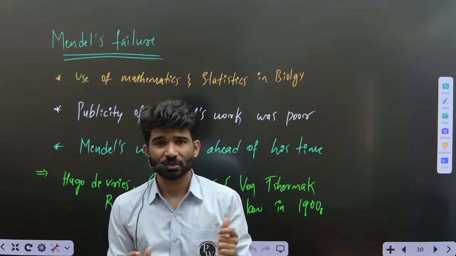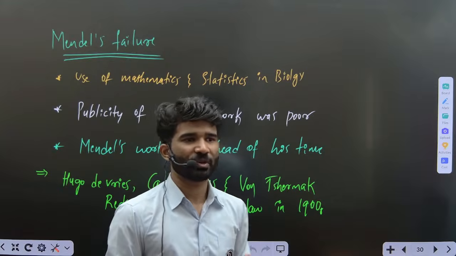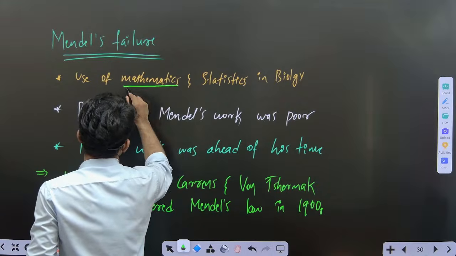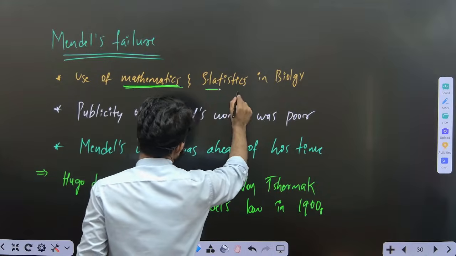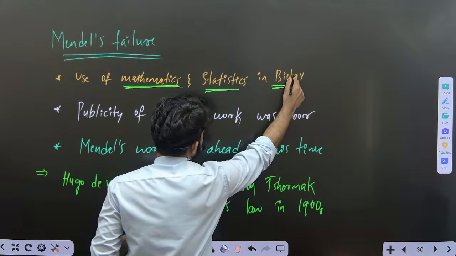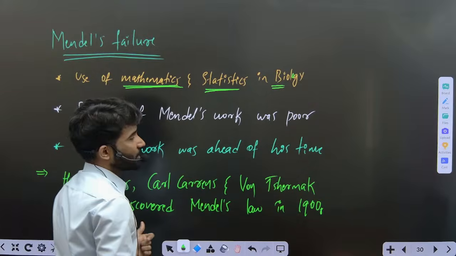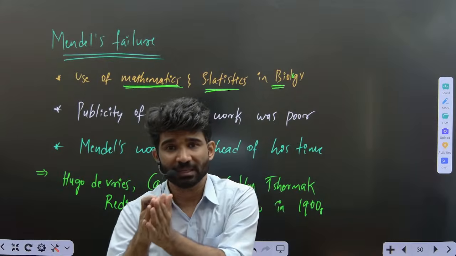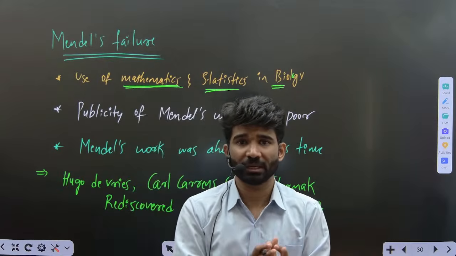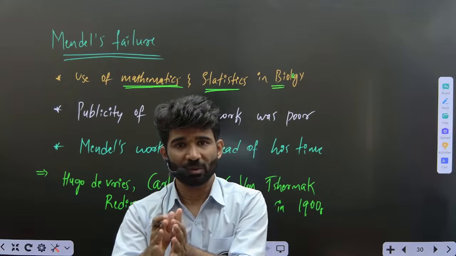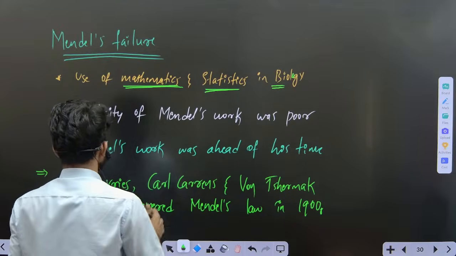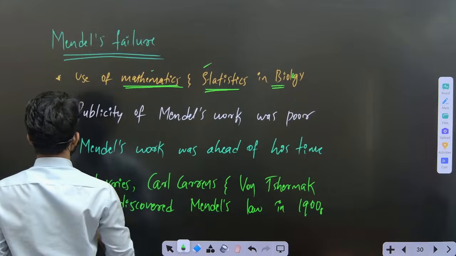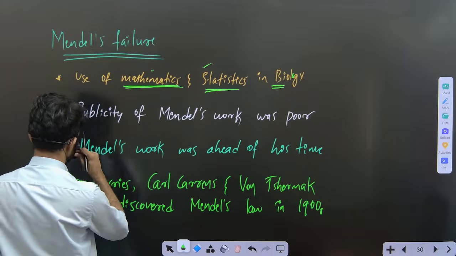Where did Mendel fail then? He used mathematics and statistics in the biological concept. The statistical application in the biological method made it complicated for the scientists to understand what Mendel was trying to say. So he used mathematical statistics for biology.